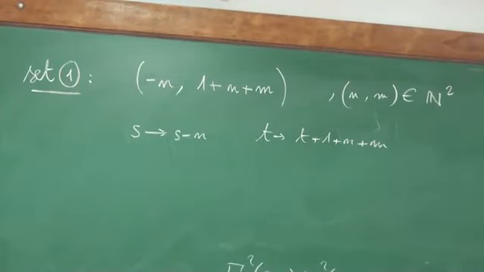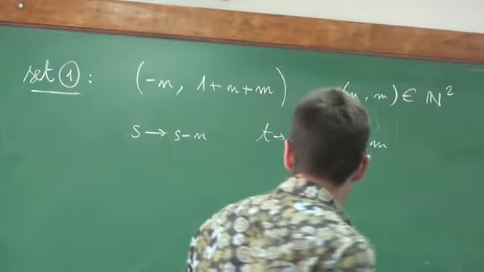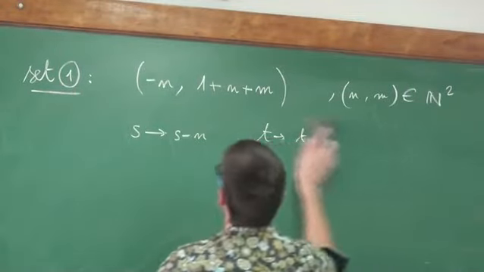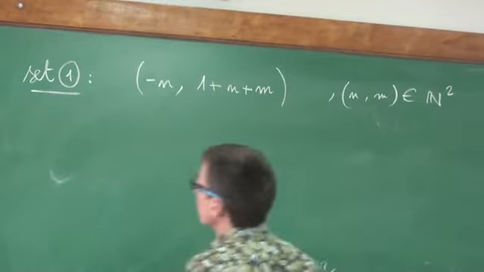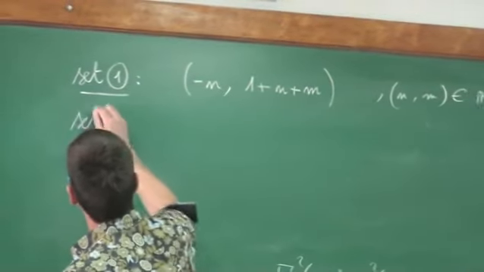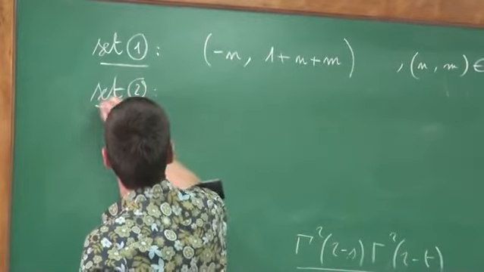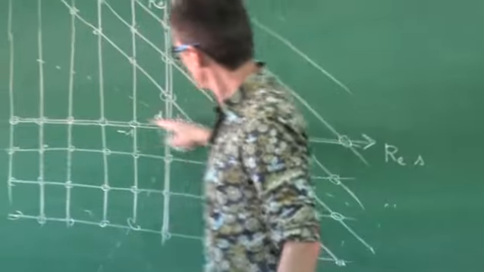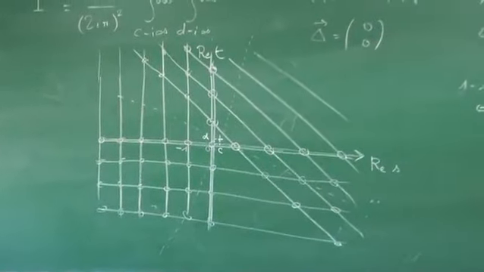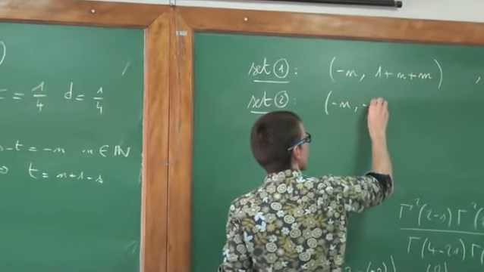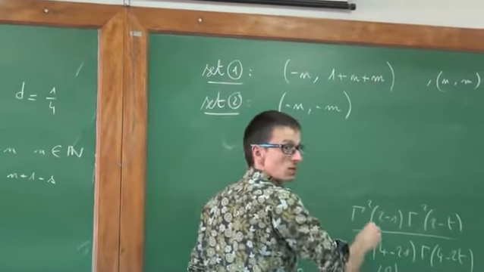Now, before doing that, let me write the other sets. Set 2, for instance, is this one in the square. So this is minus n, minus n.